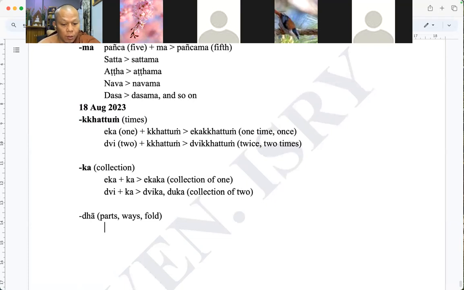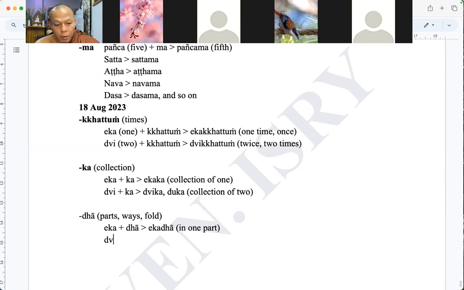So for example, to the eka by adding the dha, we have ekadha. That means in one way or in one part, maybe divided into one part.